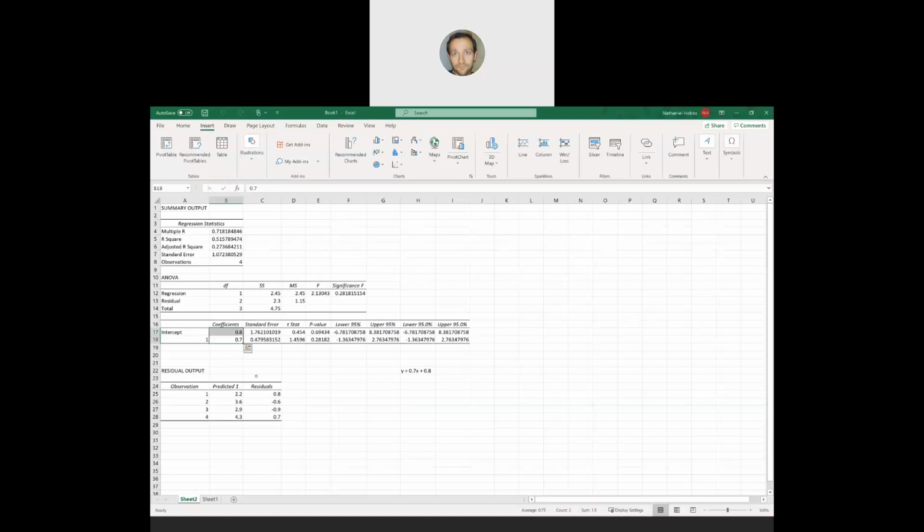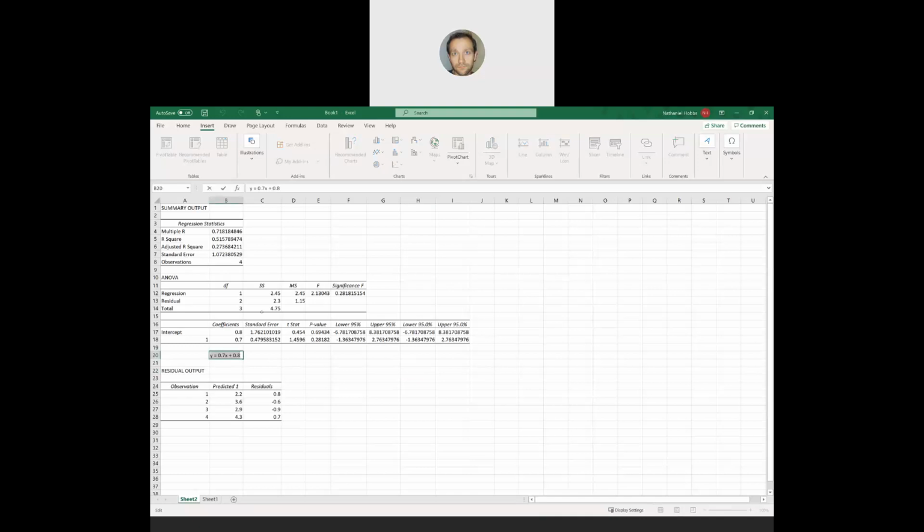So we've already talked about these coefficients, and these are in relation to the line perspective. In fact, this would be the equation of the line. So the intercept, that's the b in y equals mx plus b. This 0.7, that's the m. Okay, I'll put this here, I guess. That's added by me.